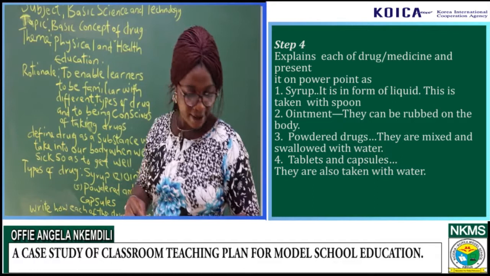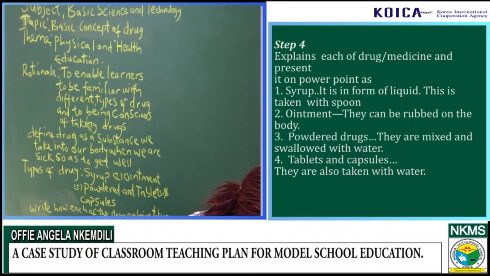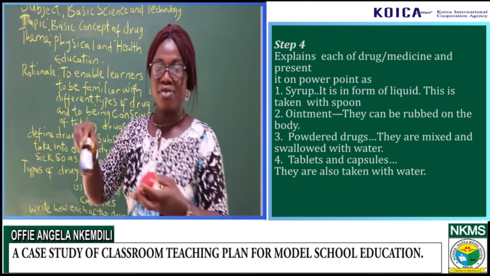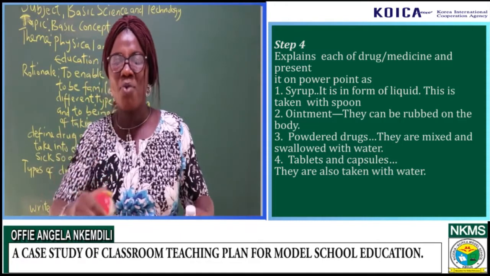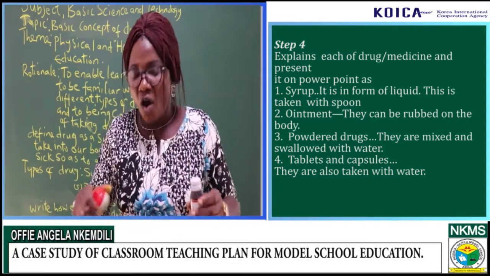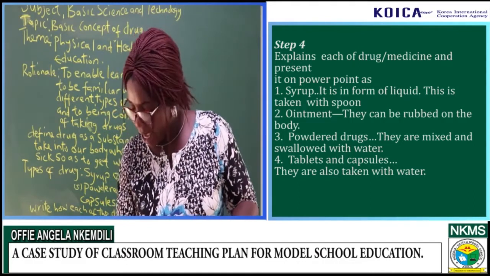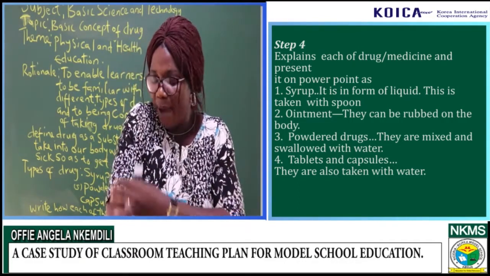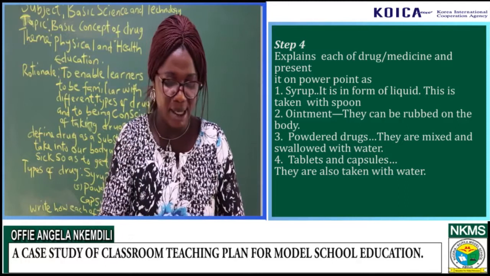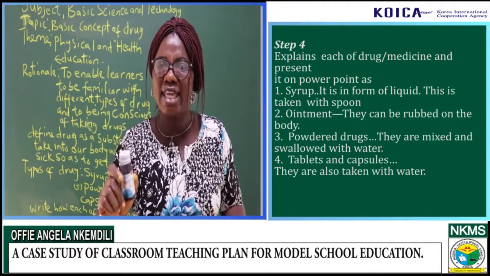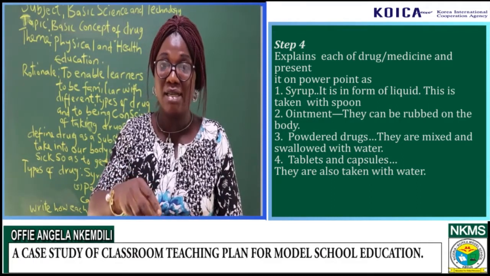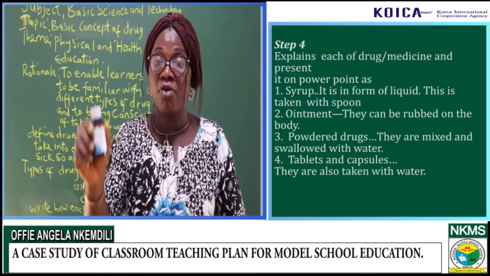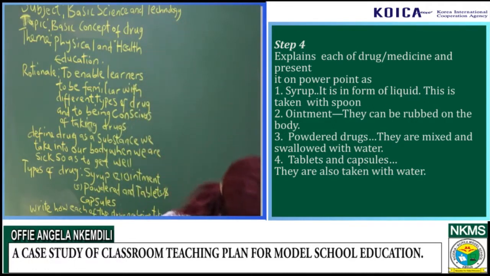The difference is that the ointment, look at it here, and look at the syrup. Ointment is the one that you rub. Example, when you are cold, you rub it. Or when you have friction on your leg or your hand, you use it and rub and massage it. That's ointment. While syrup, you take it with a spoon, with a prescription from the doctor or a nurse.